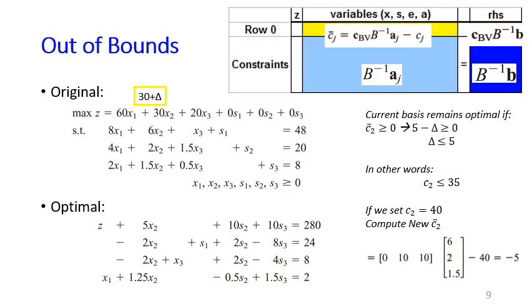CBVB inverse does not change, A2 does not change, but here you put the new C2, which is 40. Now you can see that the result is minus 5. It means we have a non-basic variable with a negative coefficient. In the case of maximization, this shows that our solution is no longer optimal.